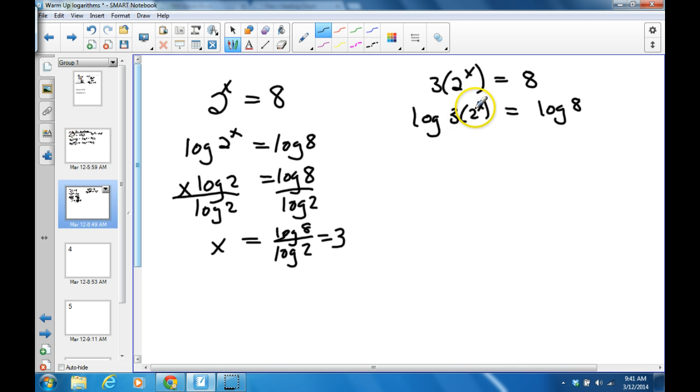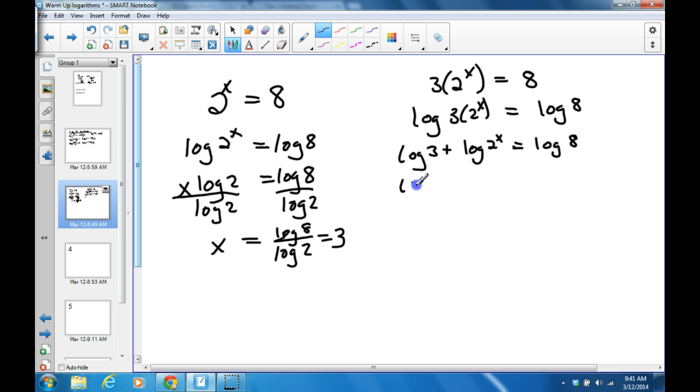Okay, now based on our rules, what can I do to this side right here? Well, before I can do that, I need to actually separate these out. These are being multiplied, so what rule can I use for that? Addition, right? So it'll be log 3 plus log 2 to the x equals log 8. Okay? Now we can take this x and put it in front here.